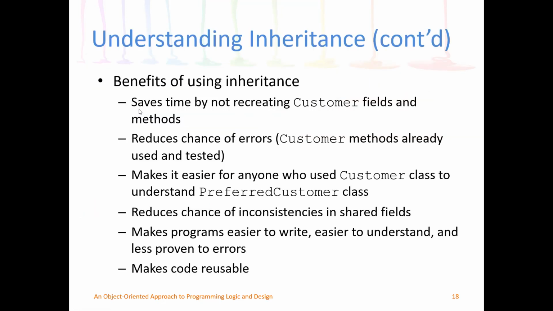So, why do we want to use inheritance? I don't have to repeat all the customer fields. I don't have to rewrite the whole thing. Since customer already exists and it's been used and it's been tested, there's less chance of errors when I create my preferred customer. If I know how customer works, I pretty much know how preferred customer works also.